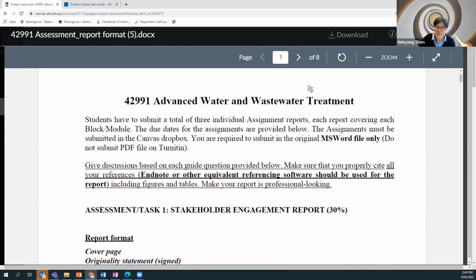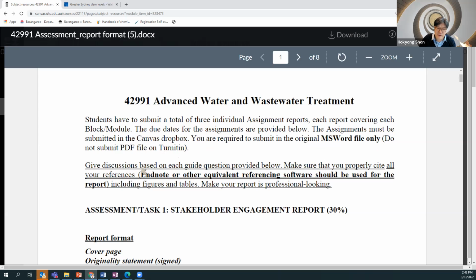The students have to submit a total of 3 individual assignment reports, each report covering each block. The due dates for the assessment are provided below, and the assessment must be submitted in Canvas Dropbox. You are required to submit in the original MS Word file only, because Turnitin will check your similarity.